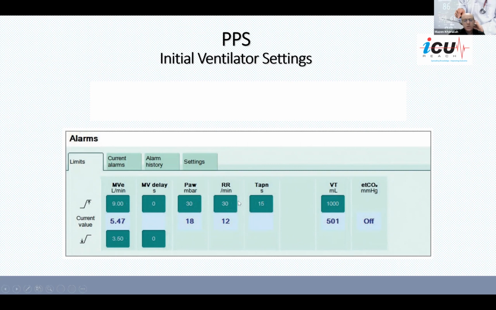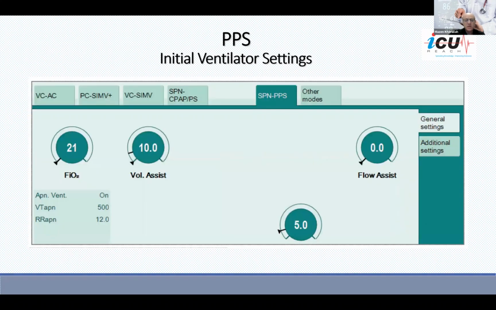You want to be alarmed also when the rate goes above a specific number. Similarly, you need to have an apnea alarm. If the patient goes apneic, you have the backup mode and the ventilator will change to that. So those are the main settings. As you see here, only FiO2, volume assist, flow assist, and the PEEP.